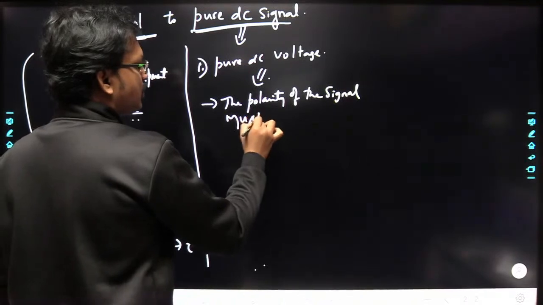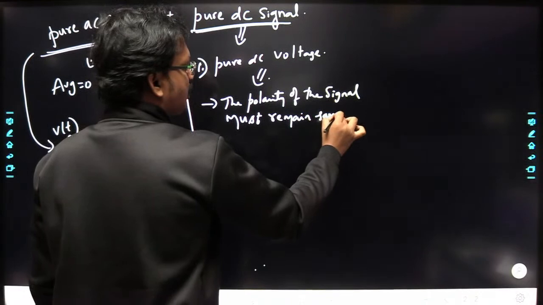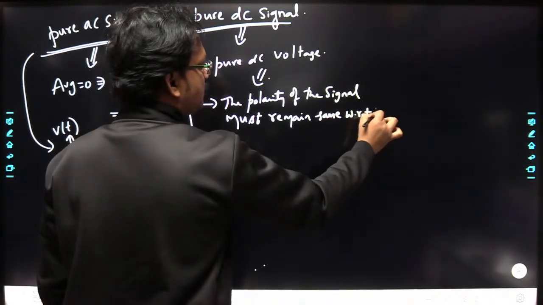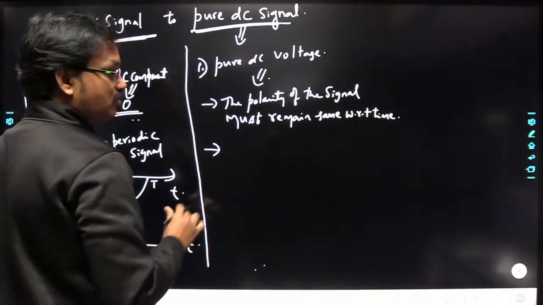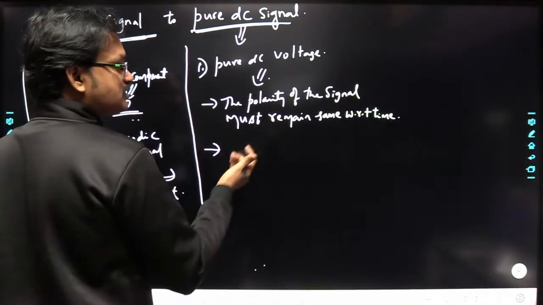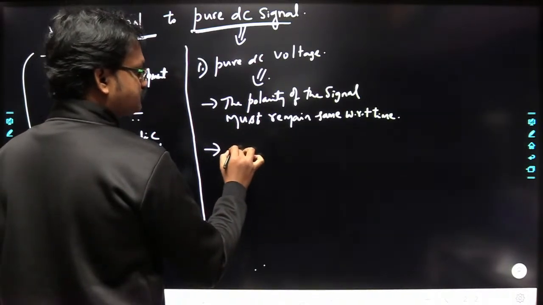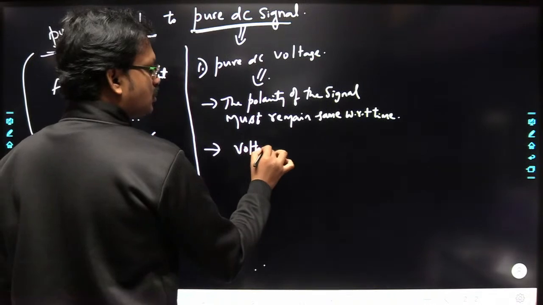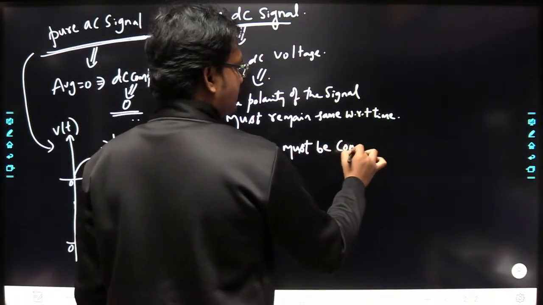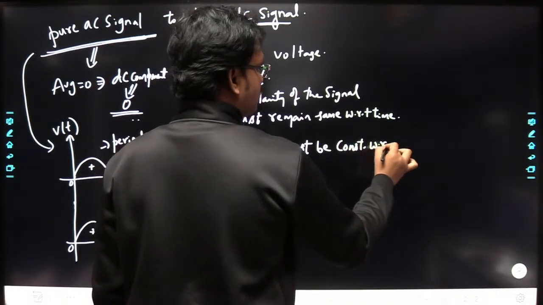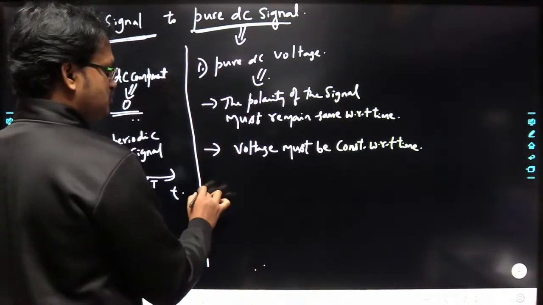Yes or no? The polarity of the signal must remain the same with respect to time. This is the first property. And what is the next property for a pure DC voltage? The voltage must be constant with respect to time. So these two properties it has to satisfy.